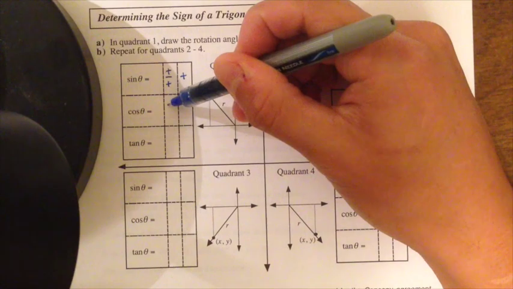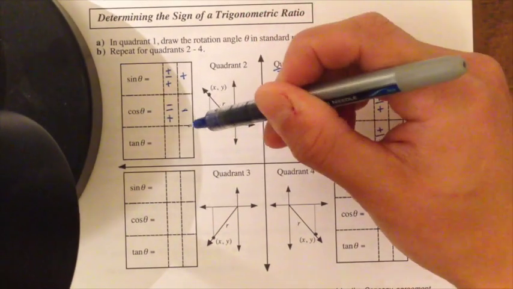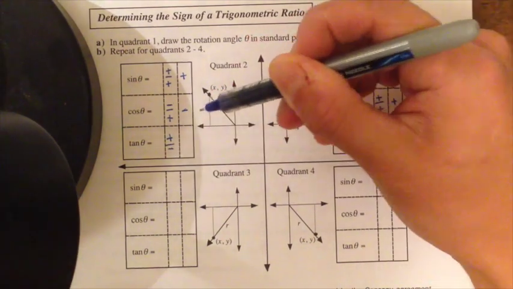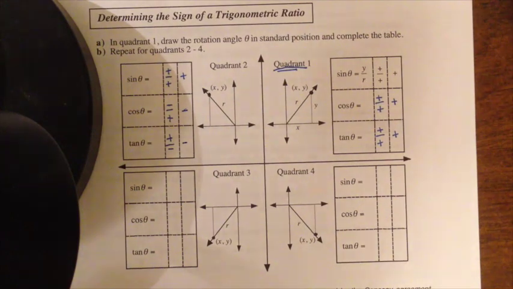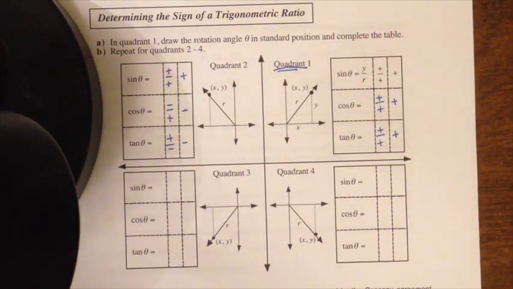However, my cosine ratio was a negative over a positive, which would end with a negative value. And my tangent ratio was a positive divided by a negative, which would also end with a negative value. And so for all of these questions, we need to look at what happened. Where were they positive and where were they negative?